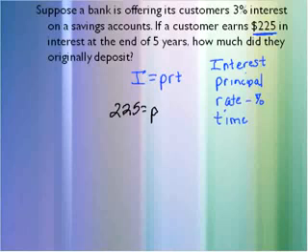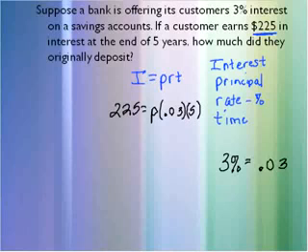The rate is 3%. So 3% needs to be converted to a decimal by dividing by 100 or moving the decimal point 2 places to the left, which will give us 0.03. And I'm going to put that in parentheses. And the time is 5 years. So I'm going to work on solving for P here.